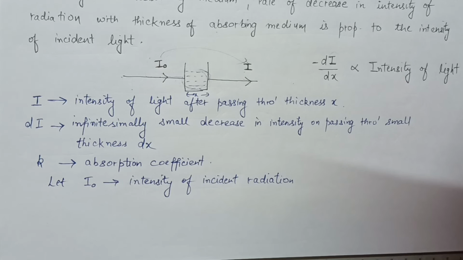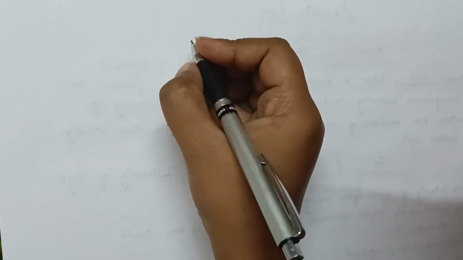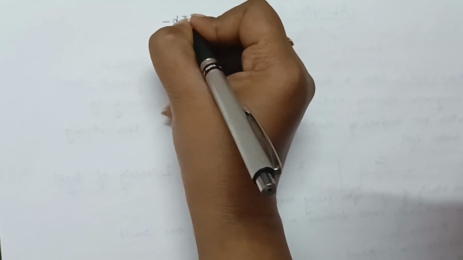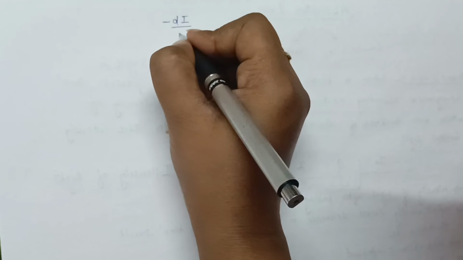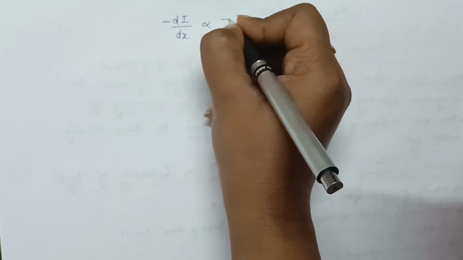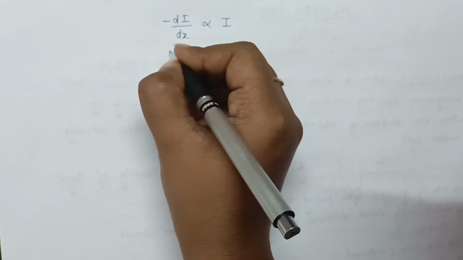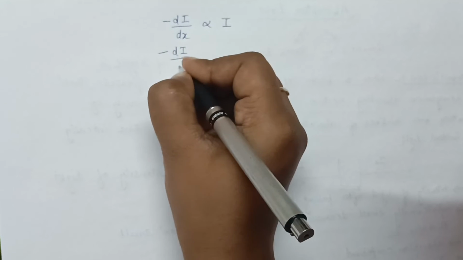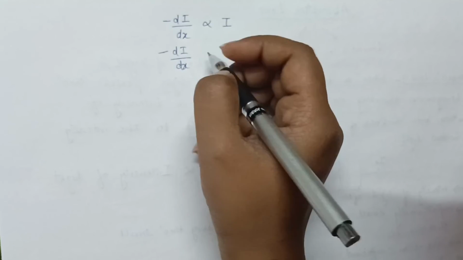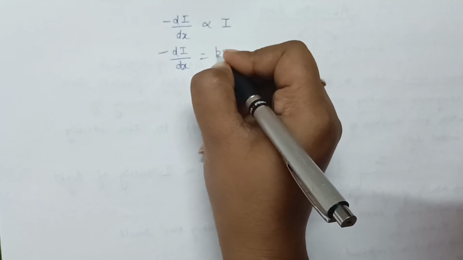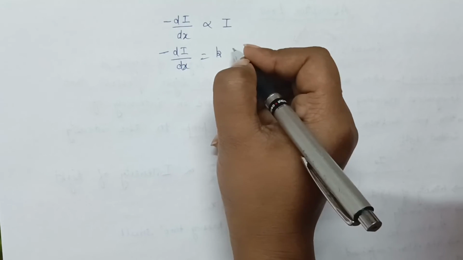We will do a very small derivation. We have already studied that minus dI by dx is proportional to intensity of light. Removing proportionality, we can introduce k, so it will be kI.